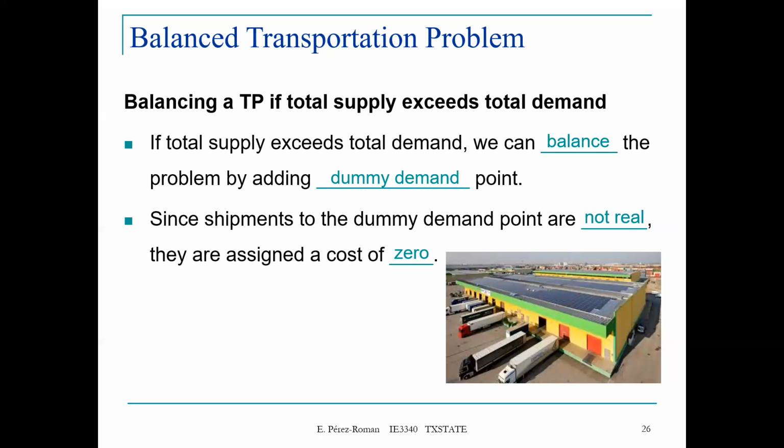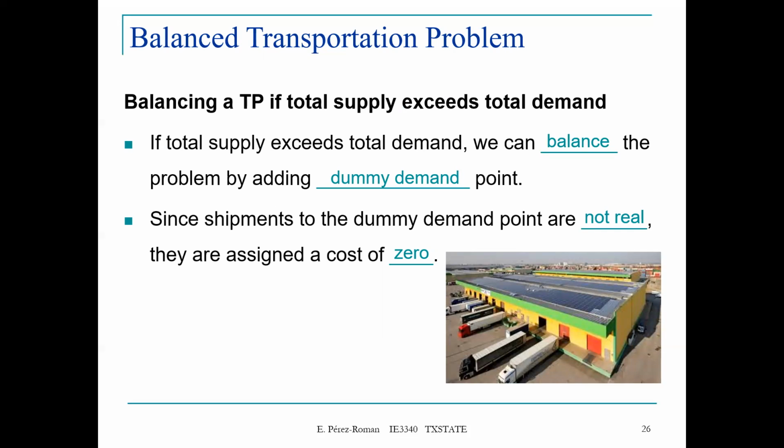So the idea is that you are shipping to this dummy demand point, but from the practical point of view, those shipments are not actually happening. Remember, this is just a way to set up the problem so we can solve it.